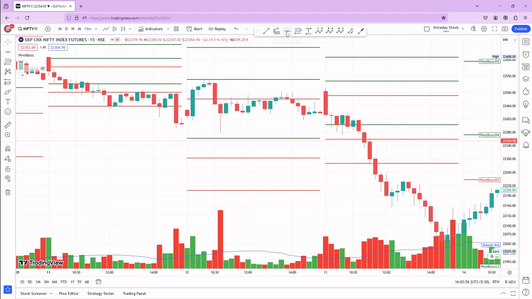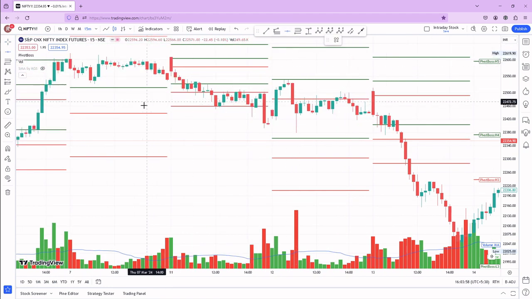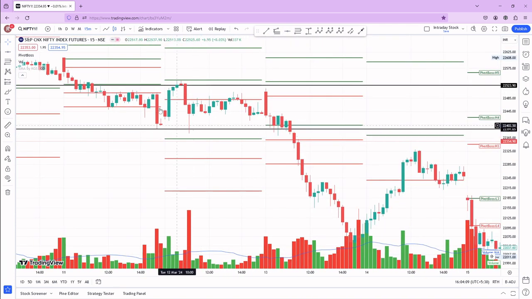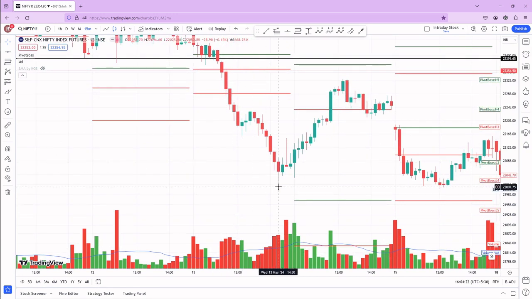Or anyone who wants to wait patiently and see: first of all, this is the low, this is broken, we have taken a trade, and now we have to wait for this low to break, and based on that you will be able to take a trade. And actually this low also got broken, engulfing the L3 and the previous day low. That says this is a double pivot zone, and after that break it has come down drastically.